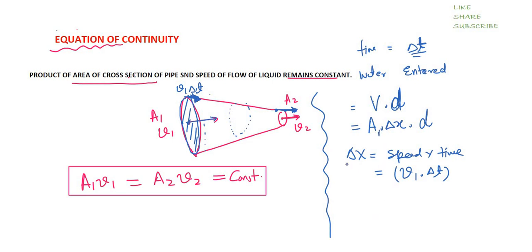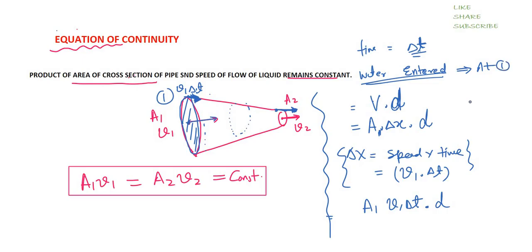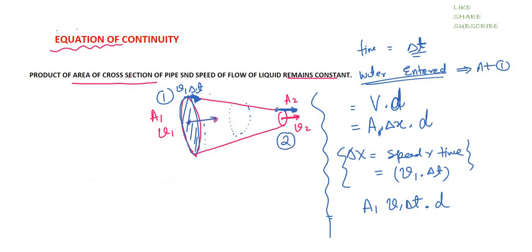So area is A1, and this is the del x value. It will be A1 del x, which is A1 V1 del t into density. So this is the water which is entering at point 1. Now let us see how much water will come out at point 2 within the same time.